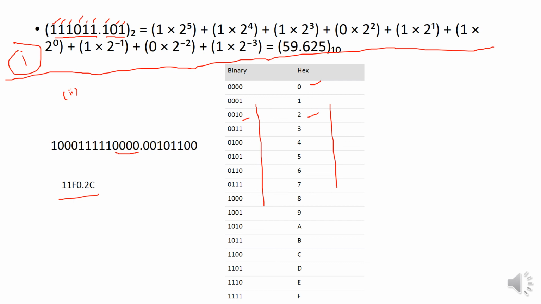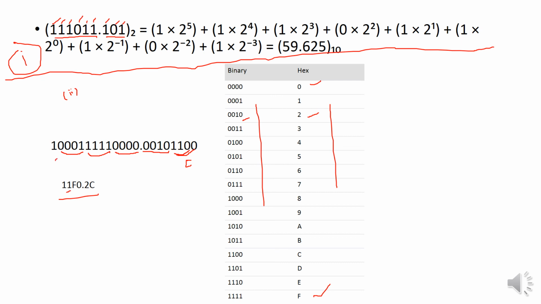So here we see 2C after the decimal places, because this much is 2 and this much is C. 1100 is C, and this is 0010 as 2, and then 4 times 0 is 0, and then 4 times 1 is F, and then we have 0001 which is 1, and then 1.